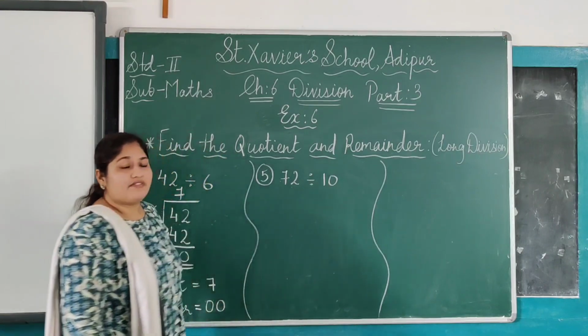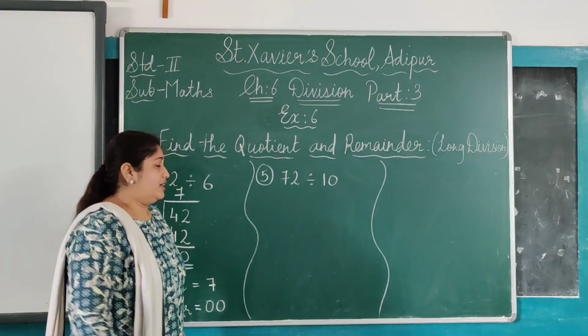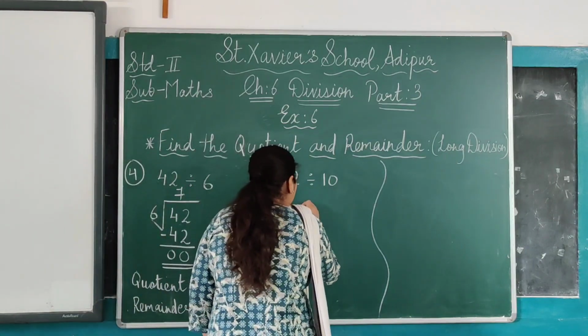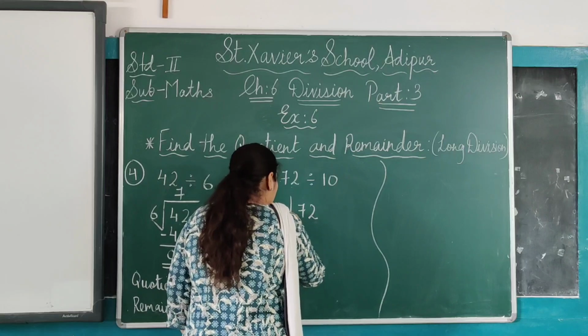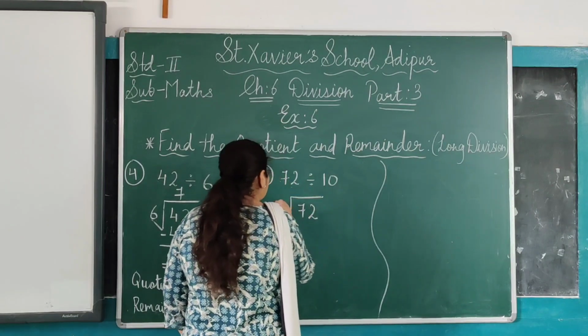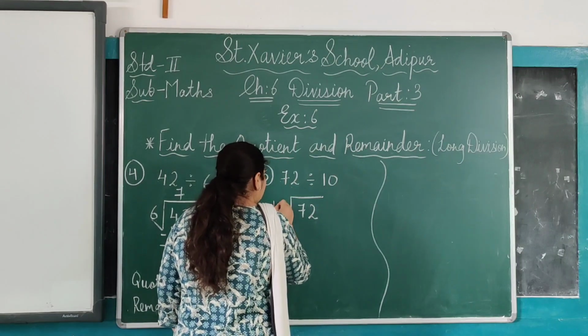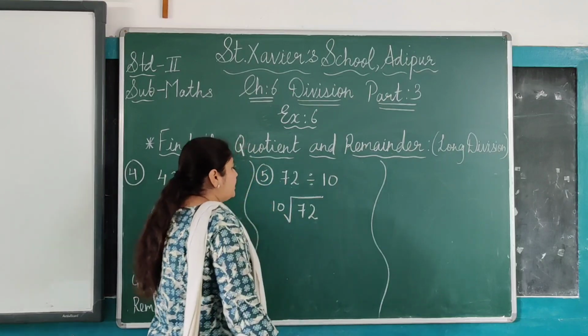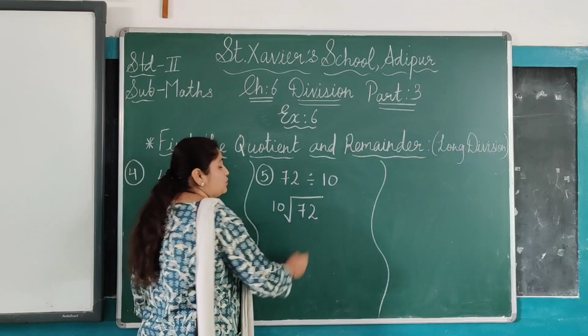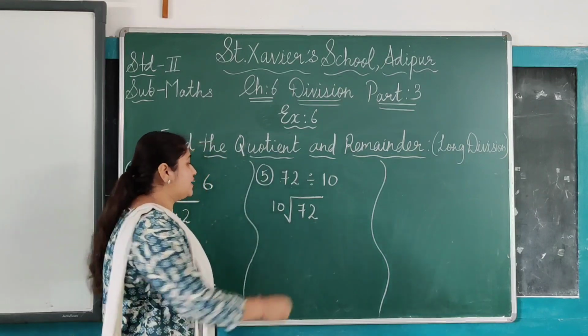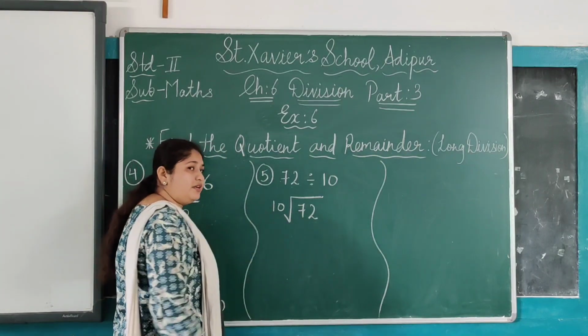Okay. So first of all we will write down 72. फिर हम डिवीजन का सिंबल बनाएंगे and here we will write down 10. Right? Now my dear students, think 10 के टेबल में 72 जाता है. Does this 72 come in the table of 10?